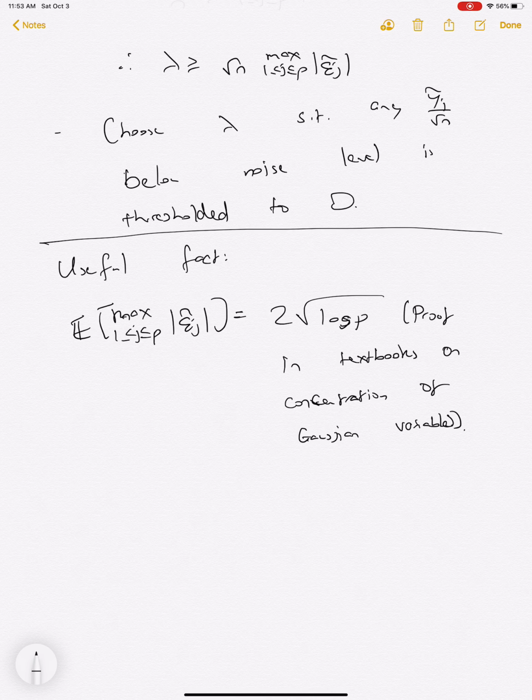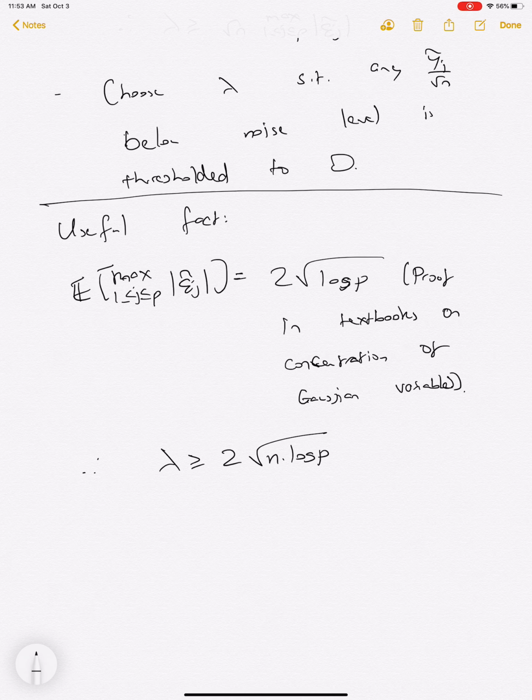Okay, and so therefore we're going to just choose lambda to be bigger than 2 times square root of n times log p. Sorry, this should have a sigma squared in it. So 2 times sigma times square root of n log p. Remember that epsilon tilde j is normal, mean 0 and variance sigma squared, and so this is how we're going to choose this lambda.